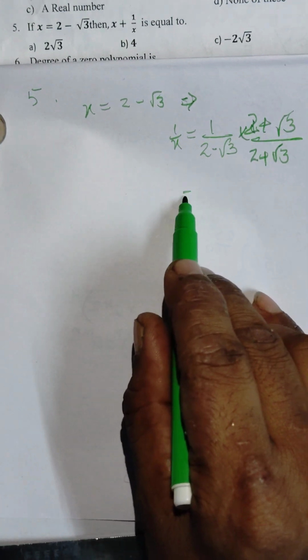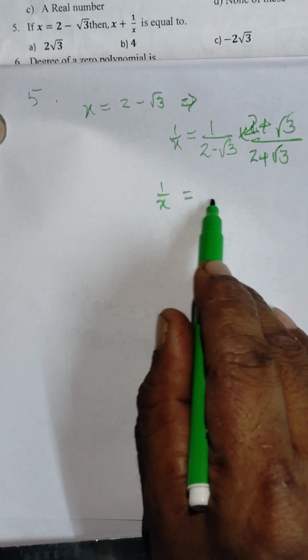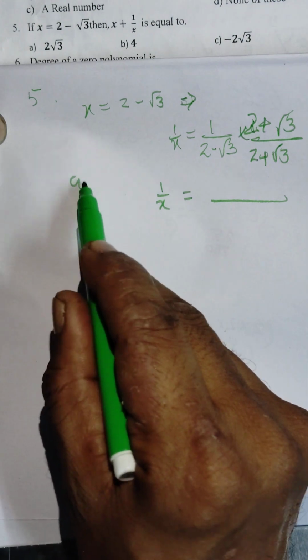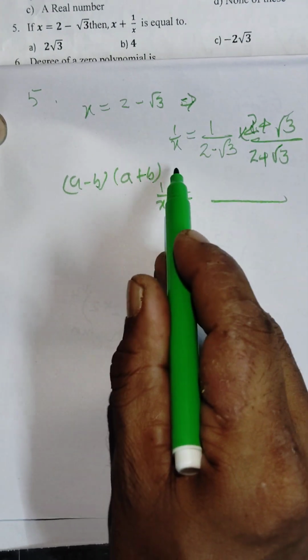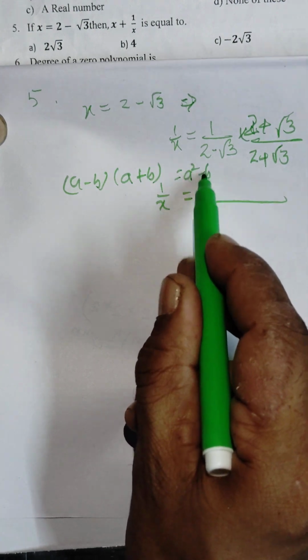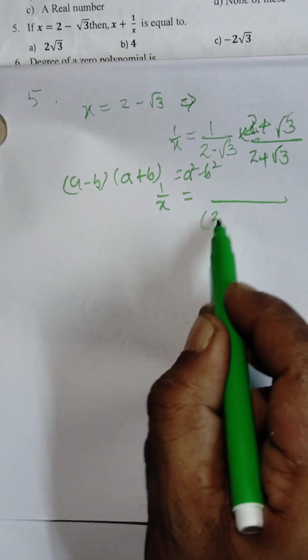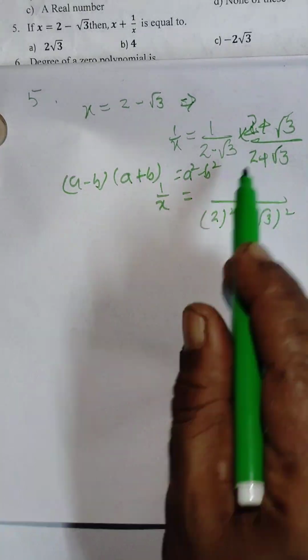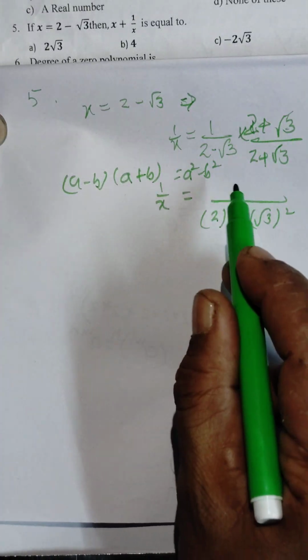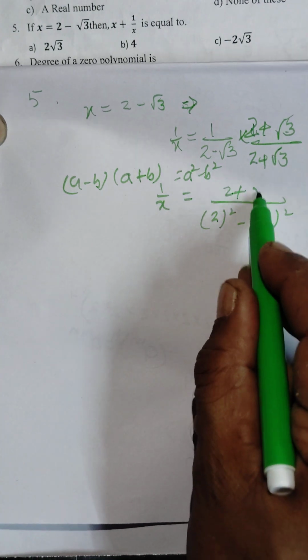So it will give us 1 over x. In the denominator we see a minus b times a plus b, which is the formula of a square minus b square. So we write in the denominator 2 square minus square root 3 square. In the numerator, 1 times 2 plus square root 3 gives us 2 plus square root 3.